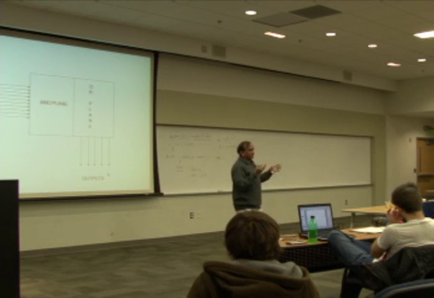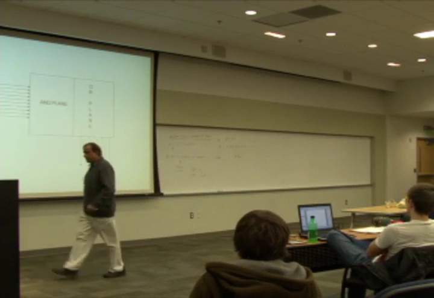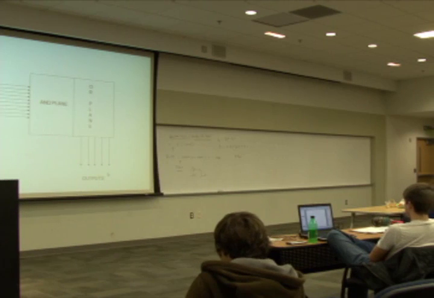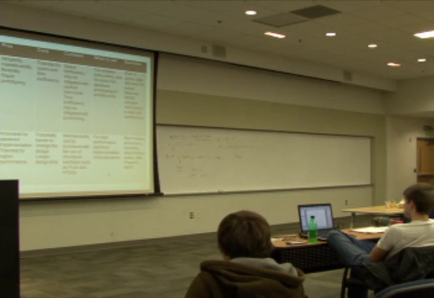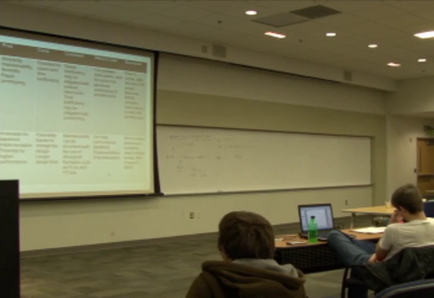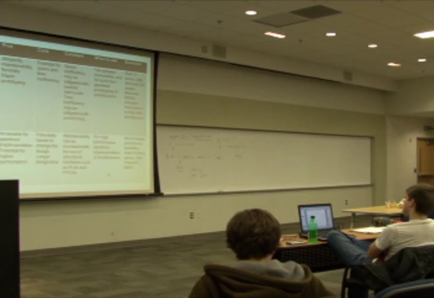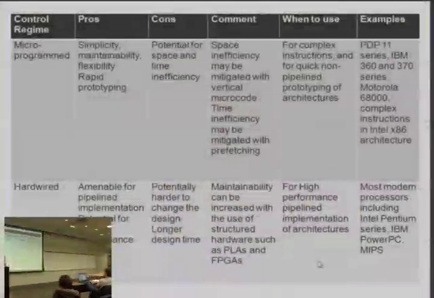Okay, so these are all relative advantages of hardwired and microprogram design. You can see more of this in the book, and here is a quick summary of all the points that we just discussed. You'll see that both these control regimes, microprogram and hardwired, are still being used in modern processors.